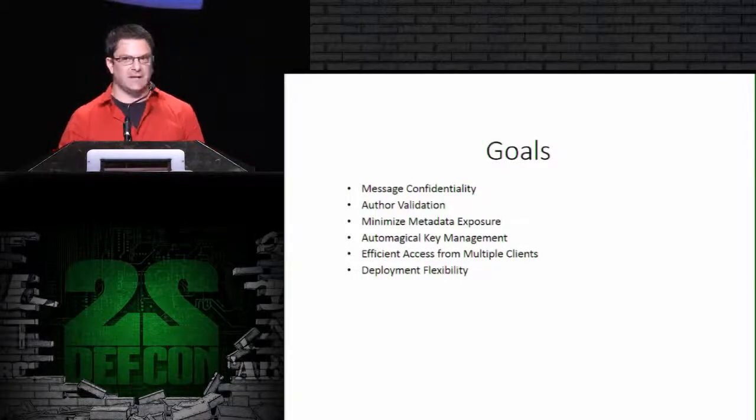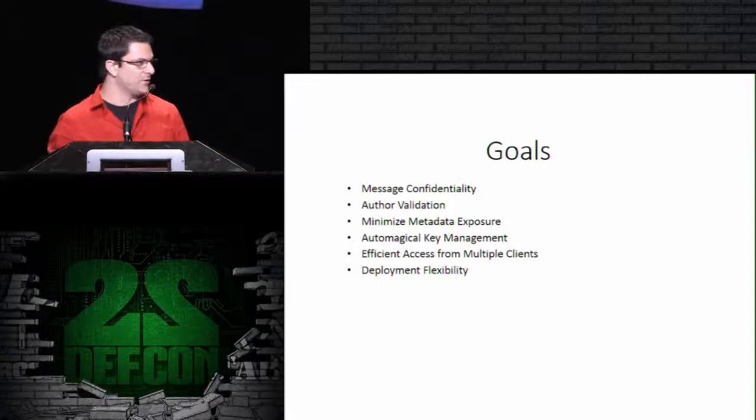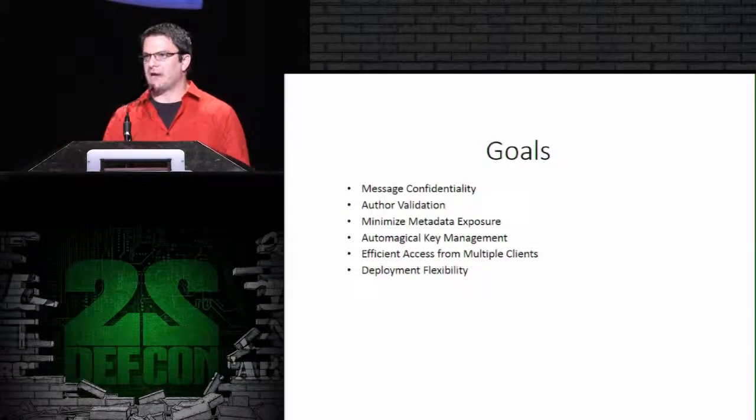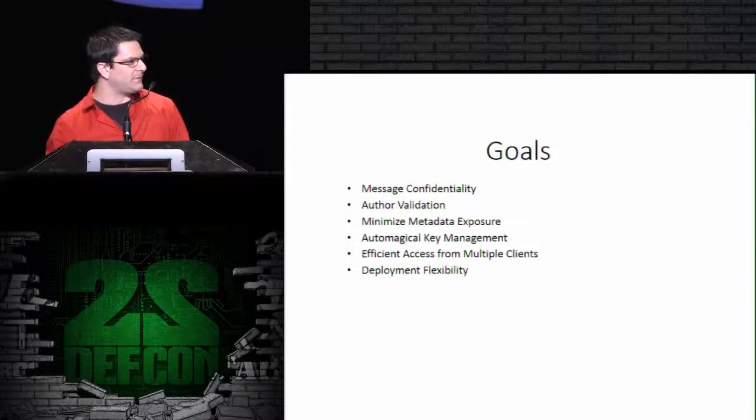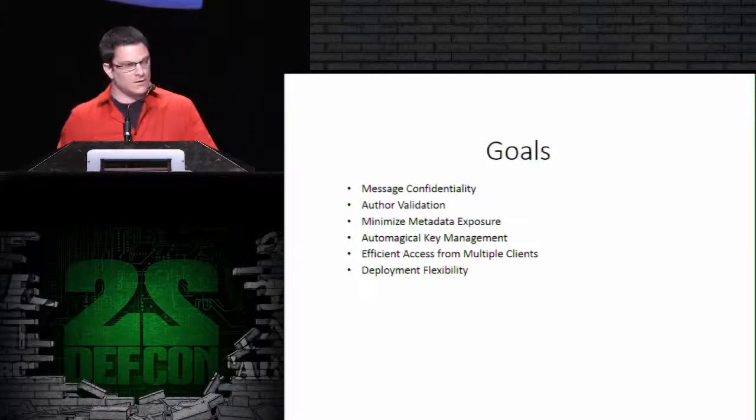I touched briefly on what the goals were, but I think it's worth reiterating them here. PGP and S/MIME give us author validation and message confidentiality, but they don't do a very good job at any of the other goals. Darkmail was really started to achieve these additional bullet points.